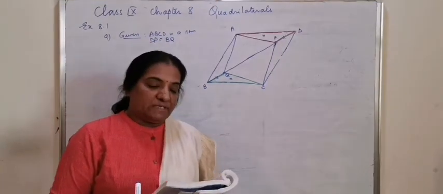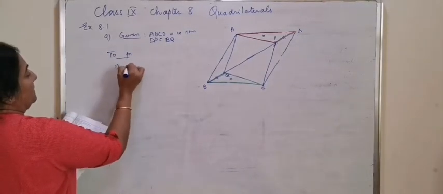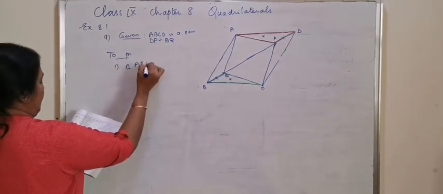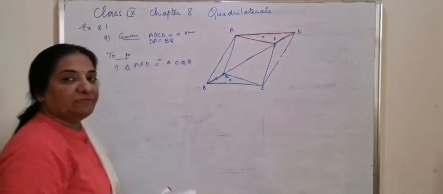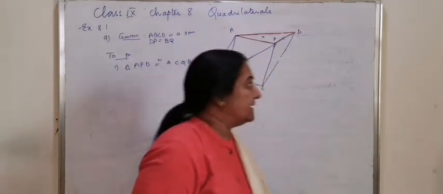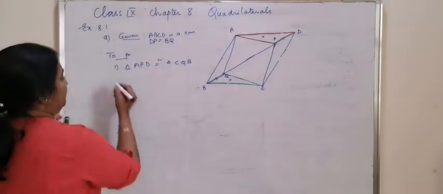What is to prove is that triangle APD is congruent to triangle CQB.